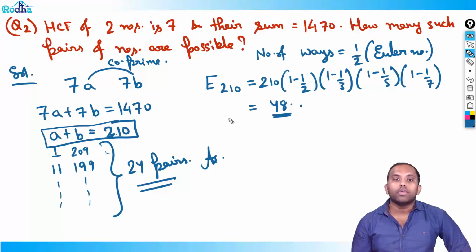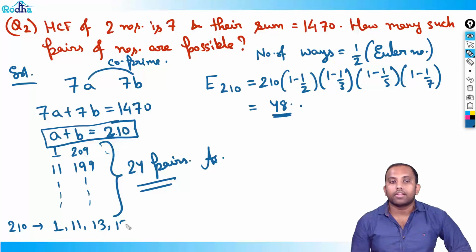If I list down all the numbers before 210 that are co-prime with 210, the numbers will be like this: 1, then 11, then 13, then numbers like 17, like this, right?